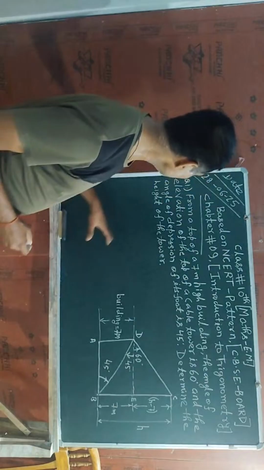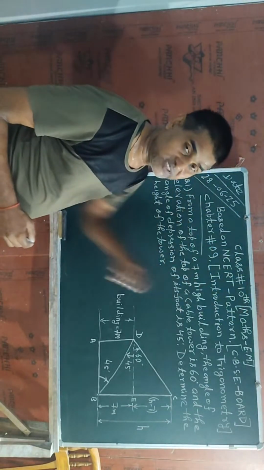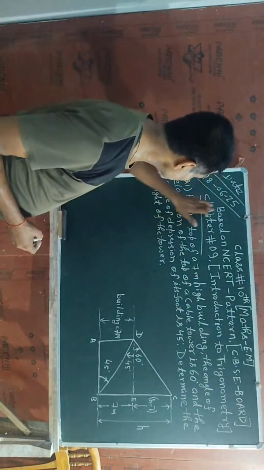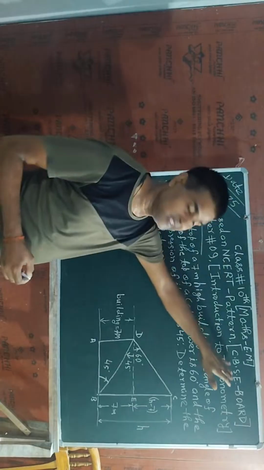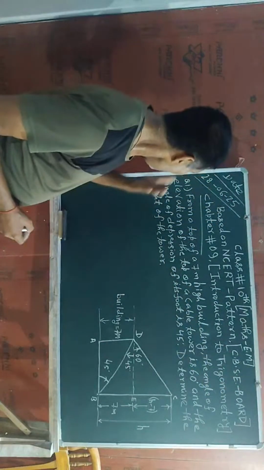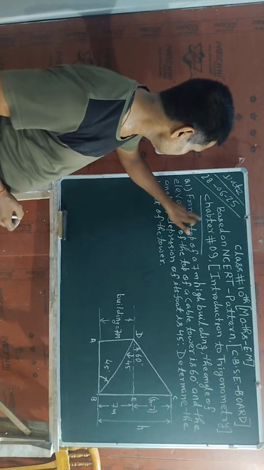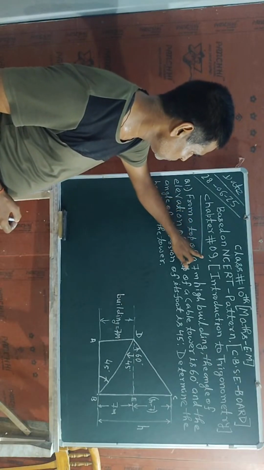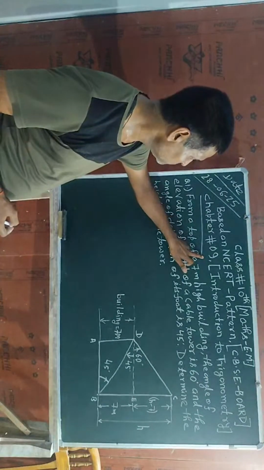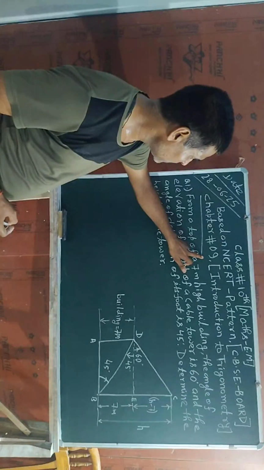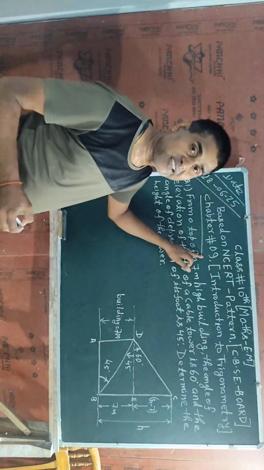You see, this is class 10th mathematics in English medium, based on the NCERT pattern, that is, the CBSE board. Here the information written is chapter number 9. Chapters 1 to 8 I have already discussed in previous classes, and they are available in the live video section of my YouTube channel.